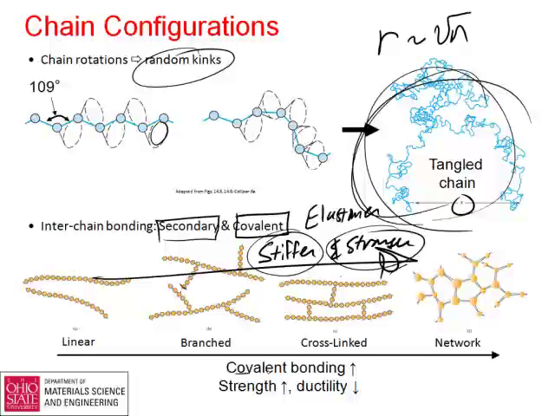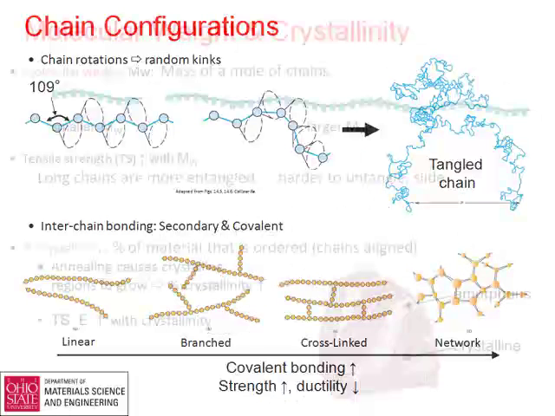So as you see more and more covalent bonding, you see strength go up. You also see ductility, the amount they can stretch before breaking, decrease. Okay, and you can see again the theme of materials science running all through this. What we are doing here is relating the structure, which depends on how these bonds form and how they go between each other, to the properties of the material in the end, and that's the heart of this scientific discipline.